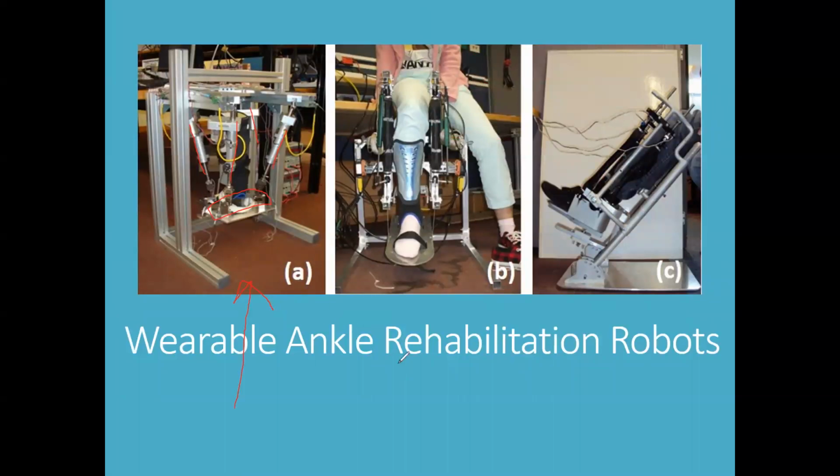And then it was slightly improved and then further improved like this. And now it's quite compact, and the actuators run in parallel to the shin bone, and quite user friendly.